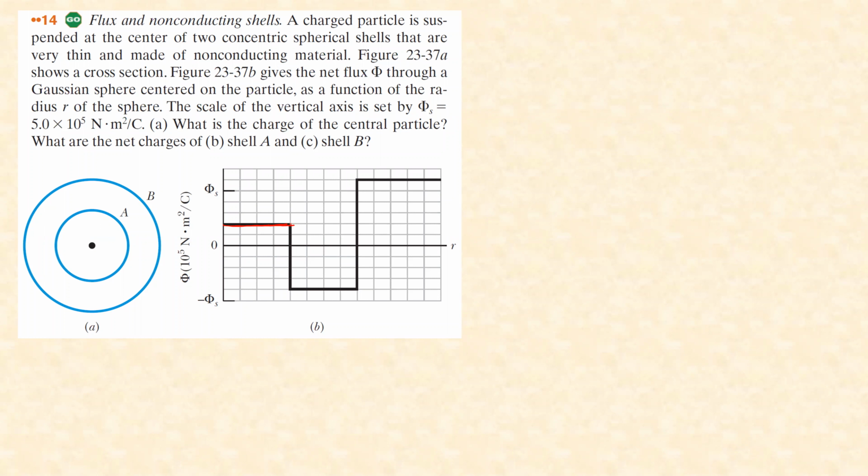It's constant up to here, and then suddenly jumps and becomes constant here, and suddenly jumps up and becomes constant here. That is flux as a function of the radius of the Gaussian surface. The scale of the vertical axis is given. What is the charge of the central particle? What are the net charges of shell A and shell B?